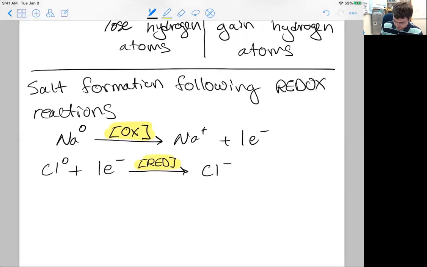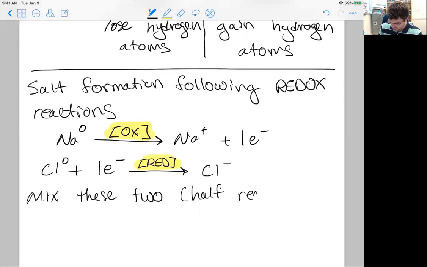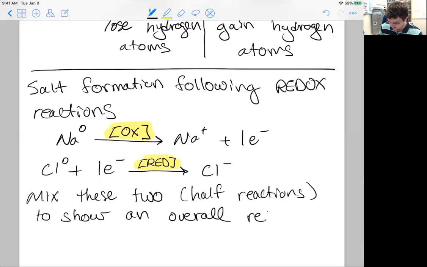Now what we can do is mix these two, what are called half reactions, to show an overall redox process.